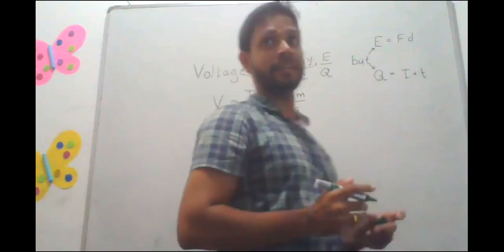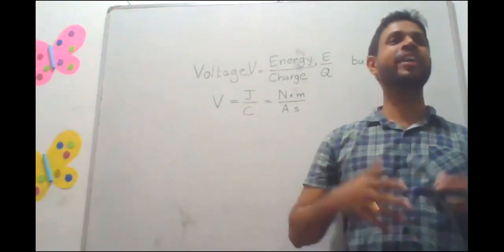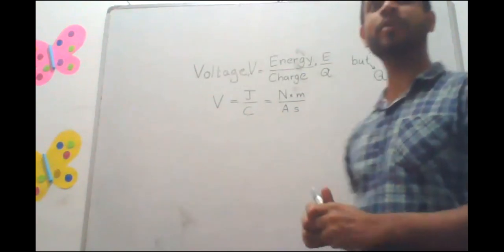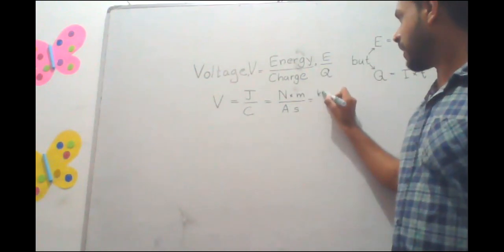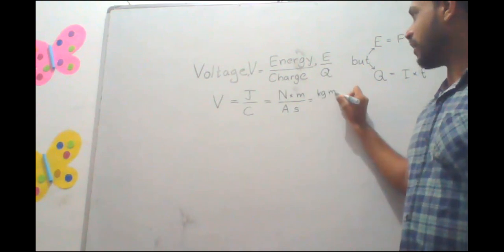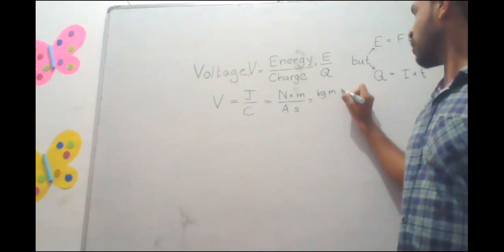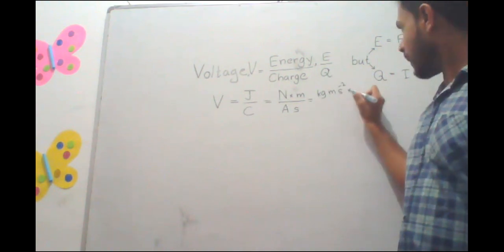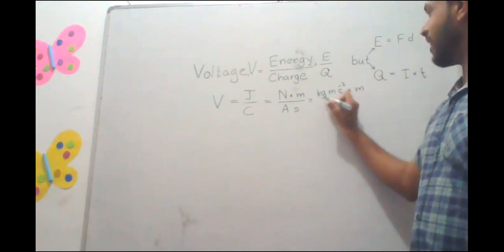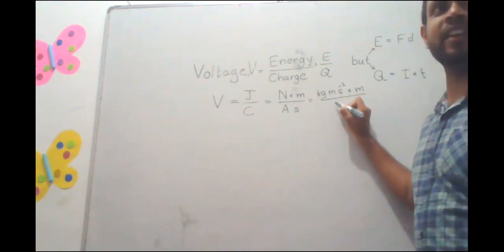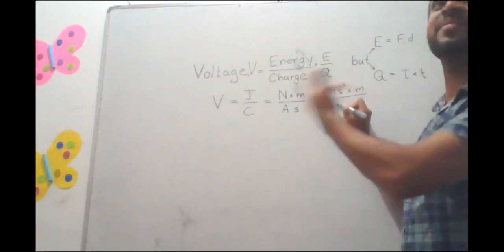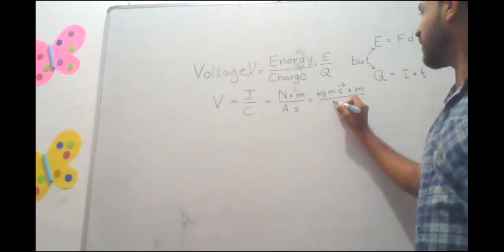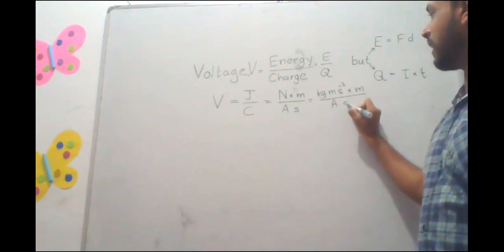Then is newton SI base? No, you can expand. So how? Newton means kilograms meters per second squared, times meters divided by ampere seconds. Can you expand ampere and second? We can't because they are basic SI base units.